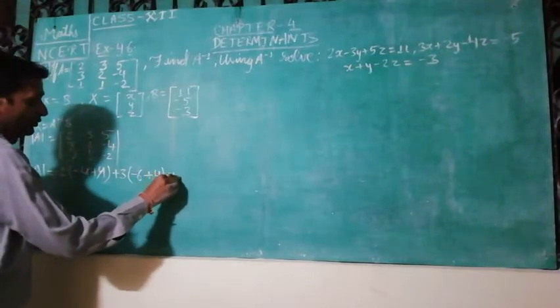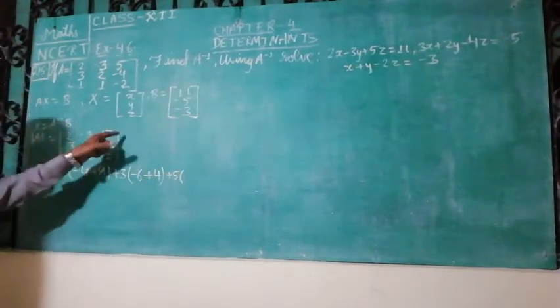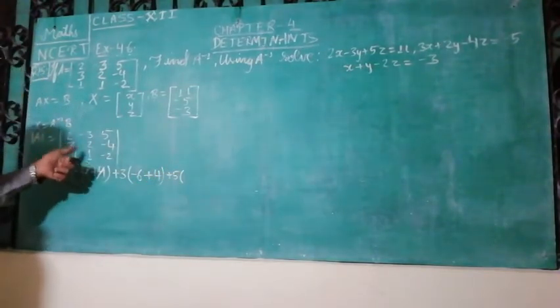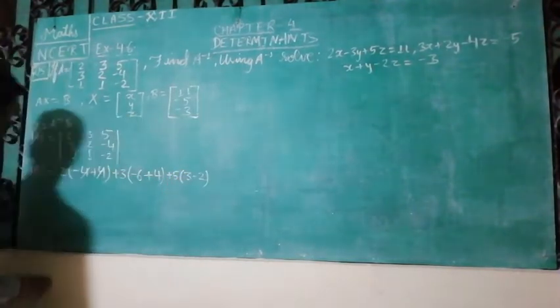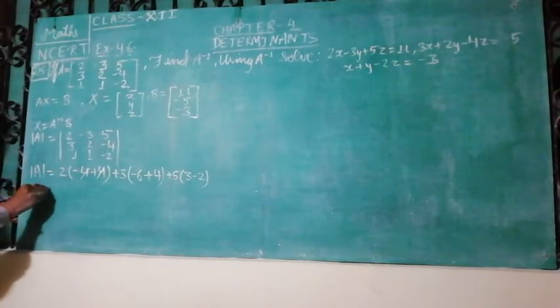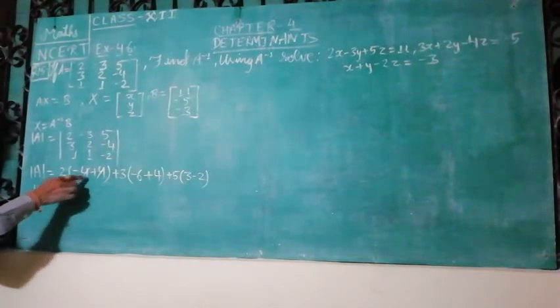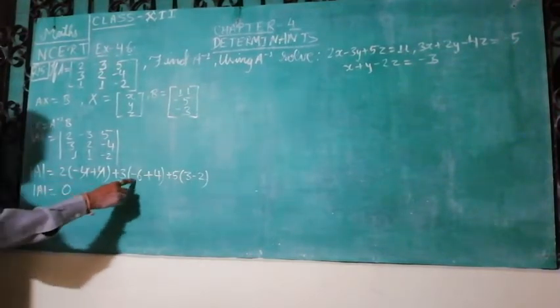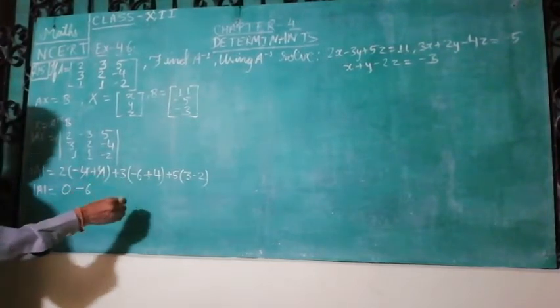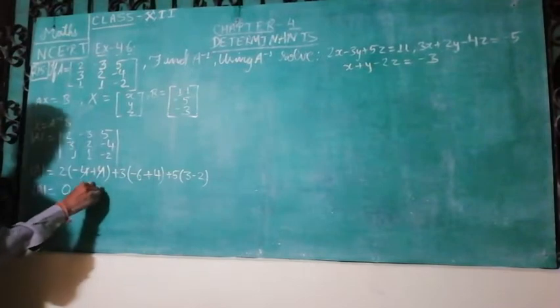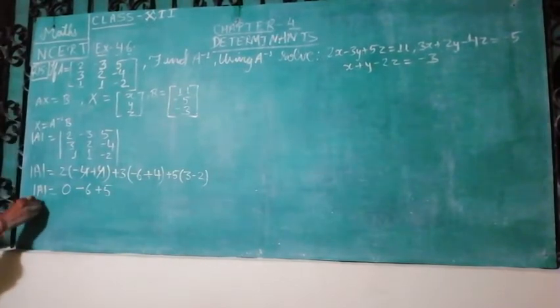Plus 5, with first row and third column eliminated, 3 into 1 minus 2 into 1, that is 1, so plus 5. So determinant A is equal to -1.